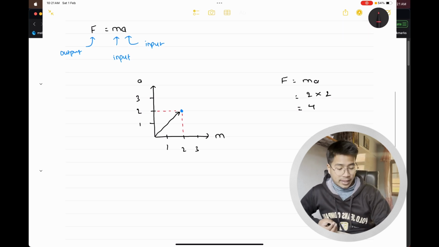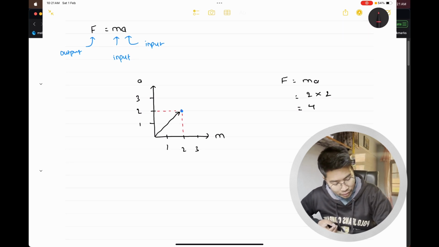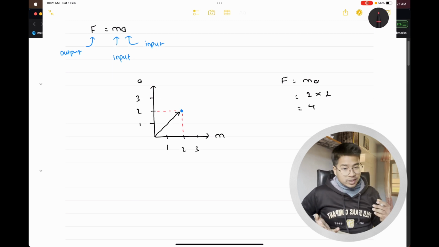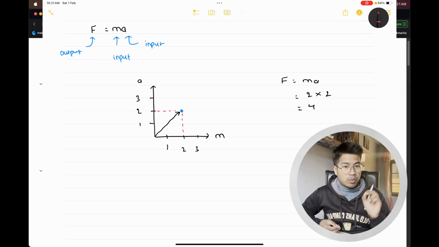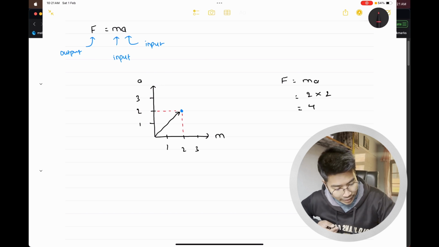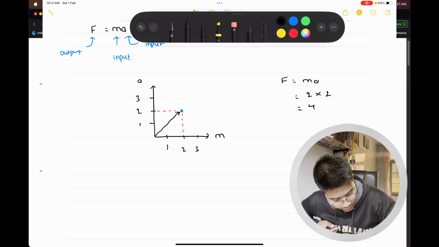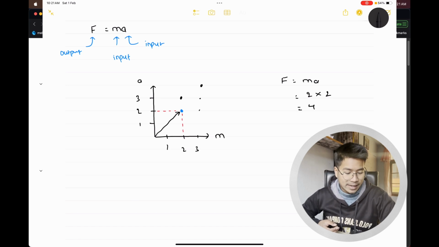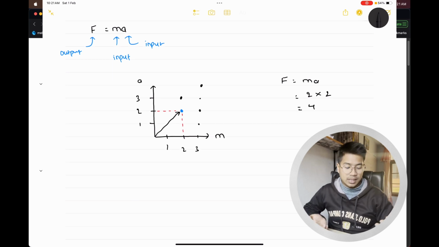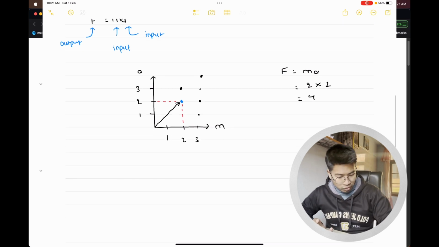Now, for any value of m and a, we can plot out this point over here. We can plot out this other point over here as well, and this other point, and this other point here as well. All of these points we can plot using this graph.